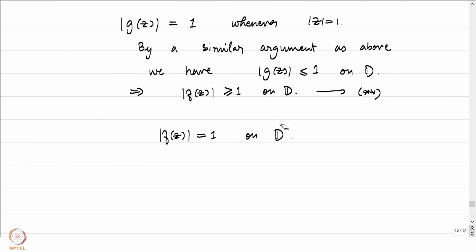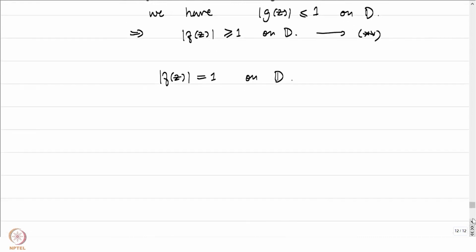But what do we know about a holomorphic function which is non-constant? Because it is a non-constant holomorphic function, the image of D under f is going to be an open set by the open mapping theorem.